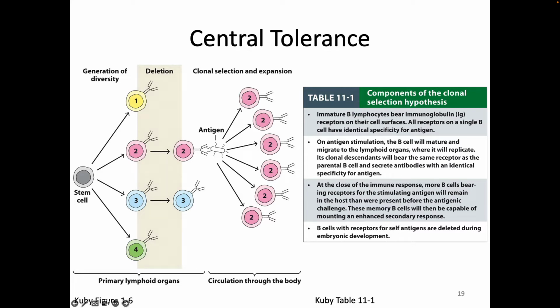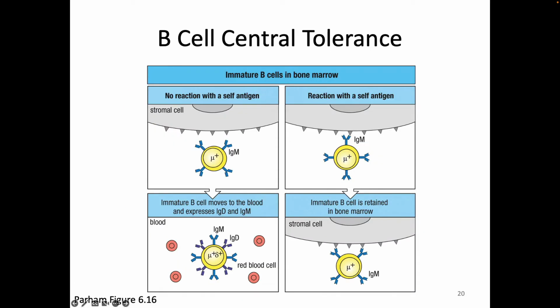The goal is that we don't want the self-reactive B cell to leave the bone marrow as a self-reactive B cell. And so there are 3 different options for what might happen to that self-reactive B cell. Those are the 3 mechanisms of B cell central tolerance.